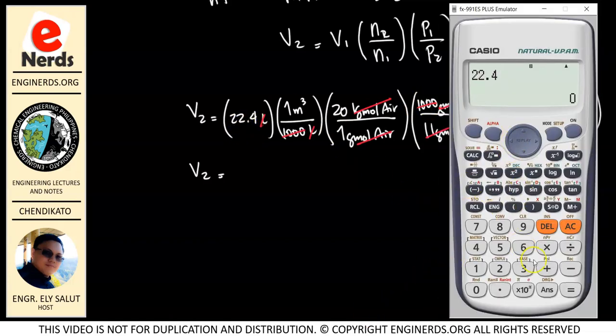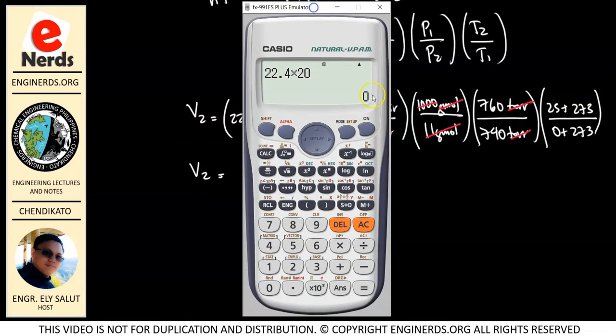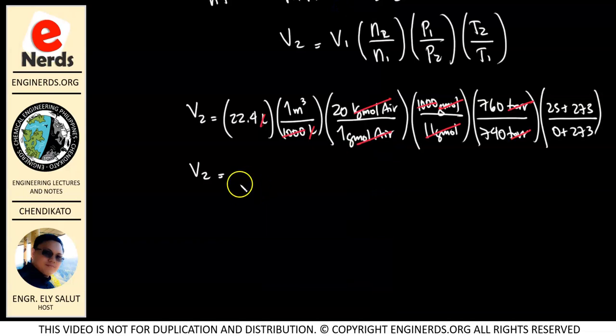So we have 22.4 times 20, and then times 760 divided by 740 times 273 plus 25, then divided by 273. So we have 502.24, right? So 502.24 cubic meters of dry air.